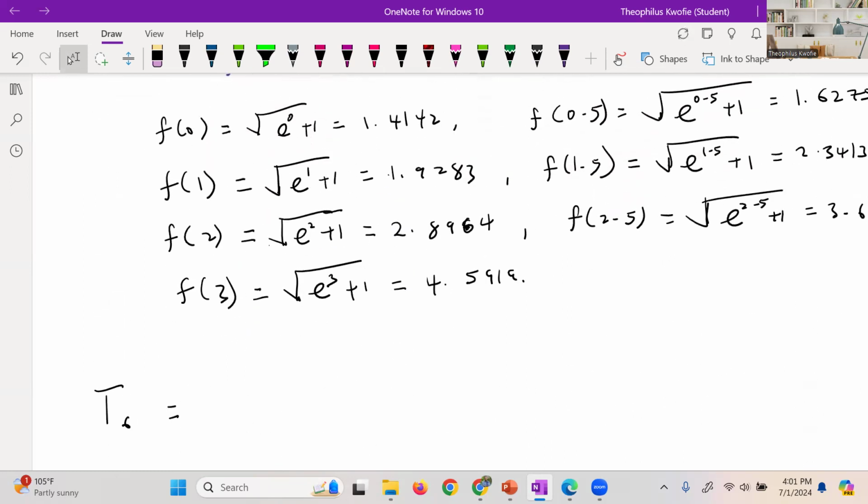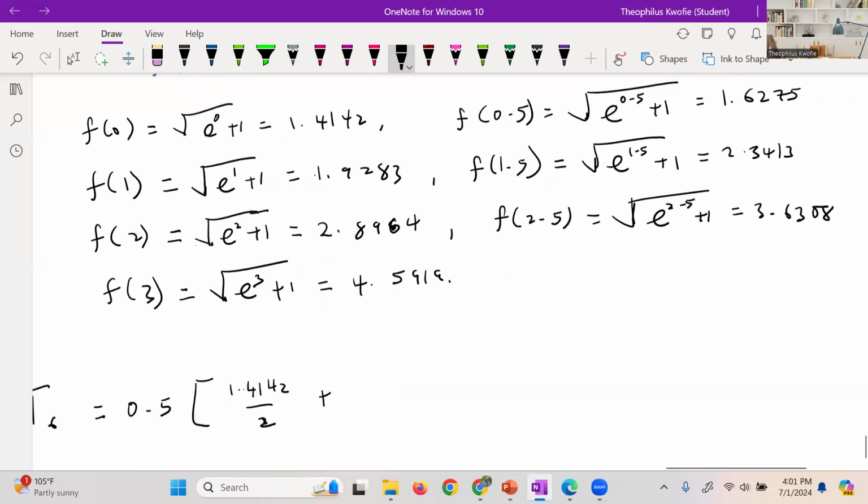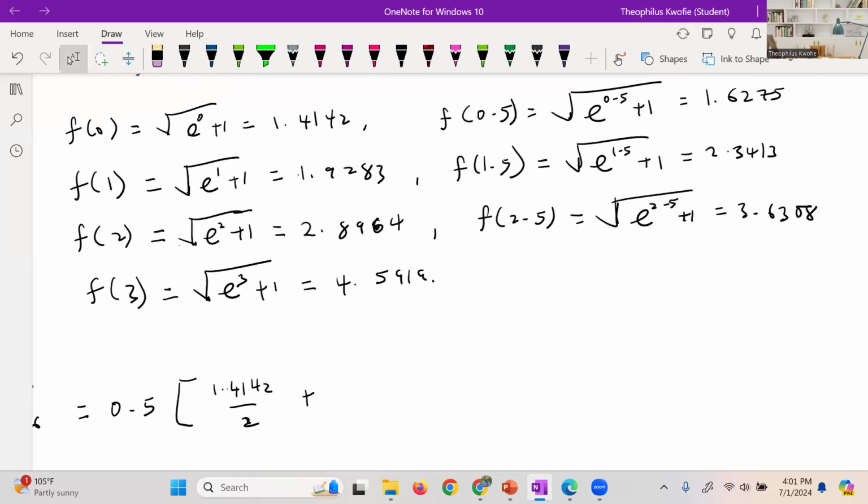So we're going to have 0.5 multiplying our f of 0, which was 1.4142, divided by 2, then plus our f of 0.5, that was 1.6275. Then our f of 1 was 1.9283. Our f of 2 was 2.8964.